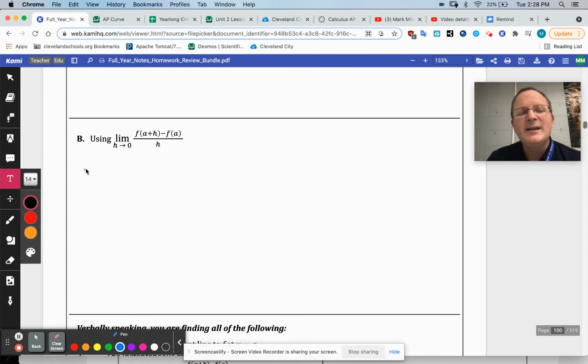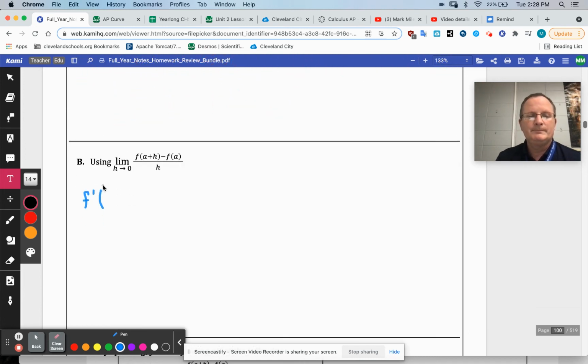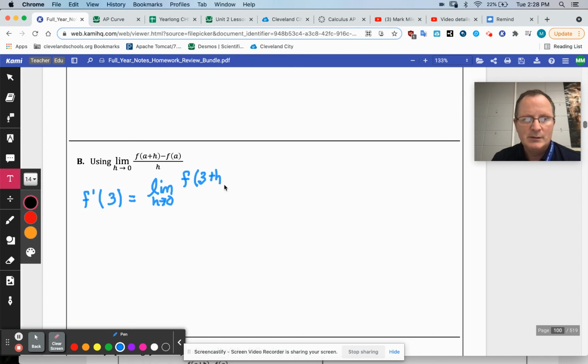So once again, f prime of 3 is going to equal the limit as h approaches 0 of f of 3 plus h minus f of 3 over h.